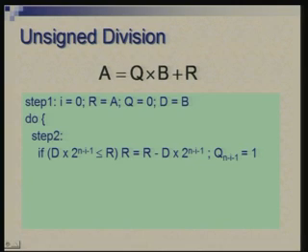So, if D multiplied by the appropriate power of 2 is less than R. So, this is D positioned at the appropriate position. You would notice that when i equals 0, in the first step, you need to displace it by n minus 1 positions.